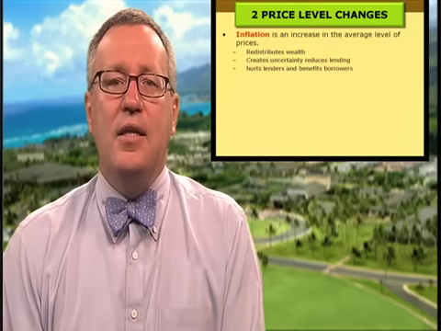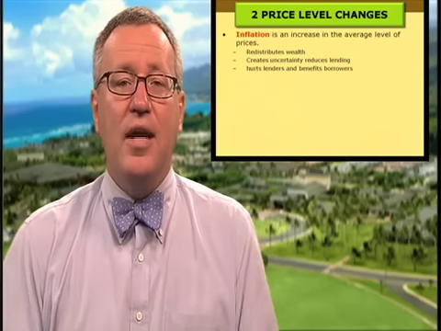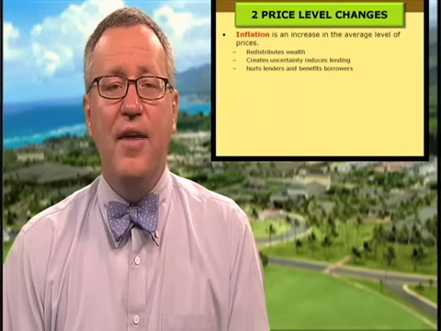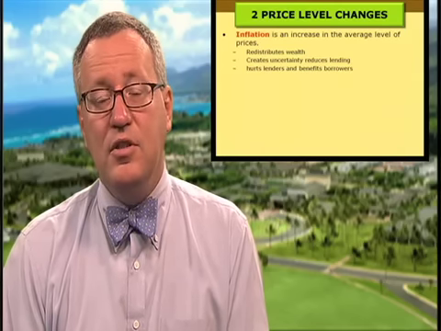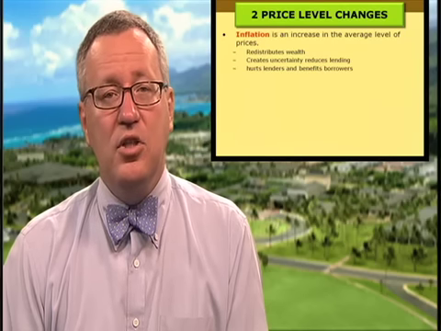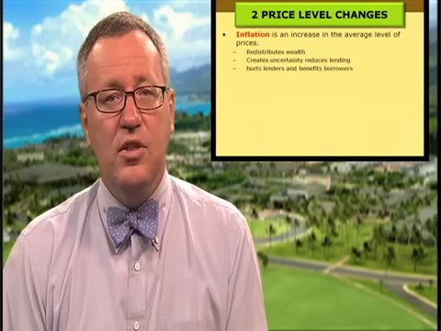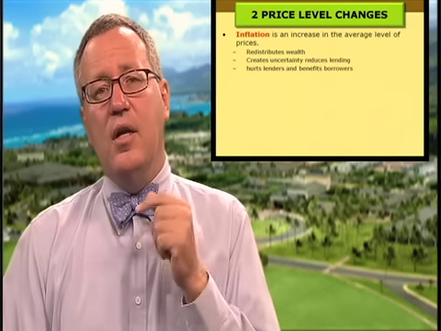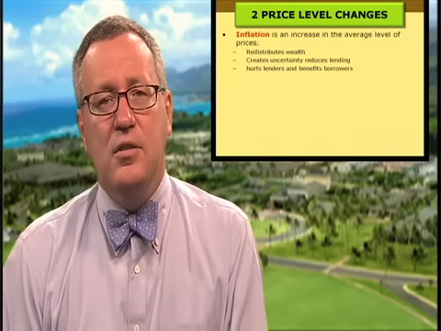Inflation is an increase in the average level of prices. Consider a gallon of milk. If 5 years ago a gallon of milk was $3 a gallon, and now it's $5, inflation is the increase in the price for that gallon of milk. That's all inflation is. What's interesting, though, on an economy-wide basis, is what inflation does.